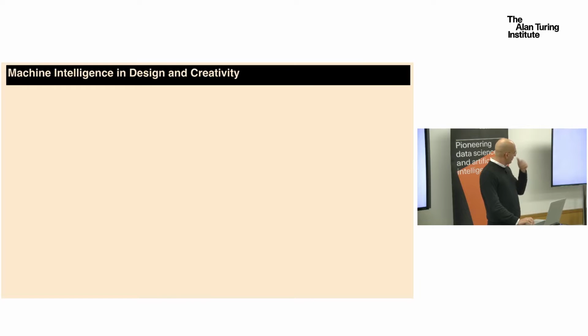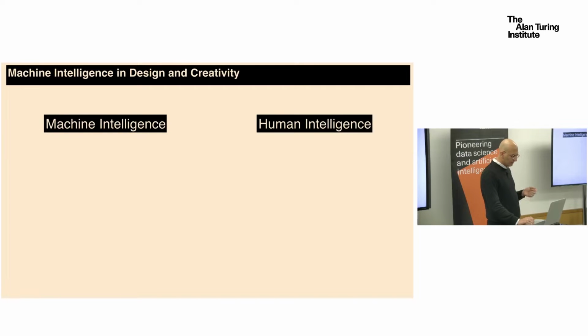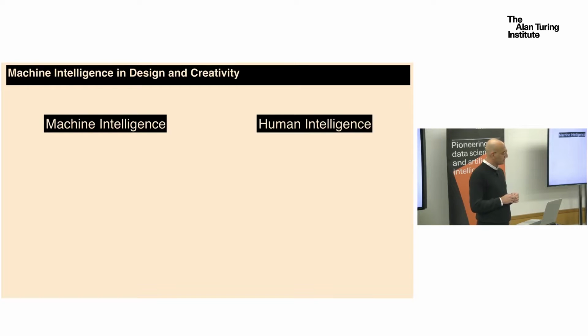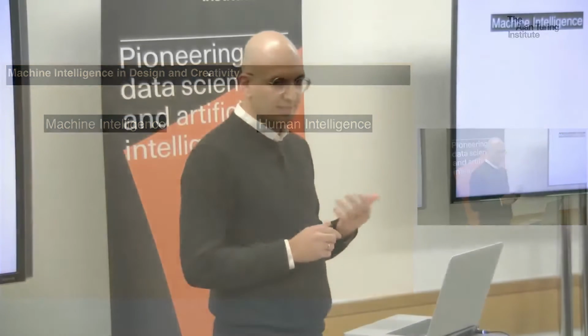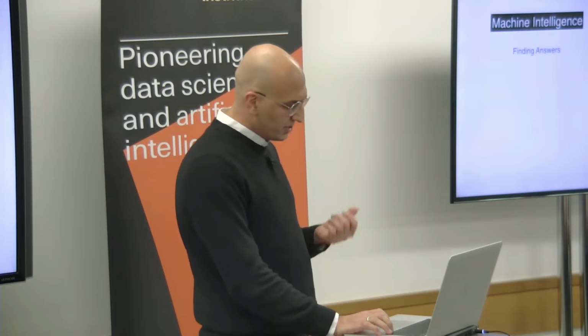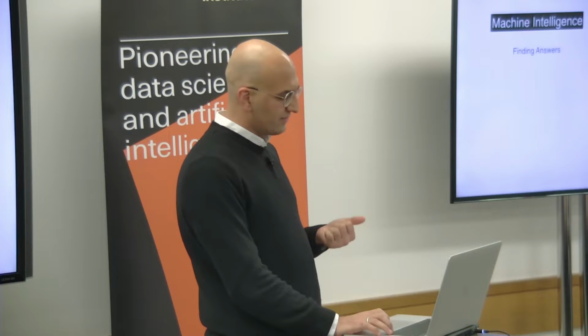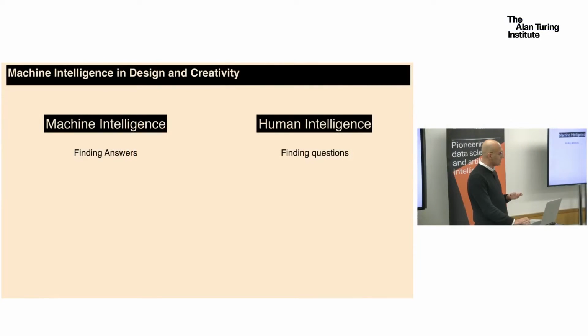And going back to this idea of machine intelligence or AI in design and creativity, I would like to create a kind of dichotomy here, comparing what is machine intelligence and what is human intelligence. So machine intelligence, in my opinion, is finding answers, whereas human intelligence is finding questions. And I don't know if you can use machine learning, for example, to find a question.